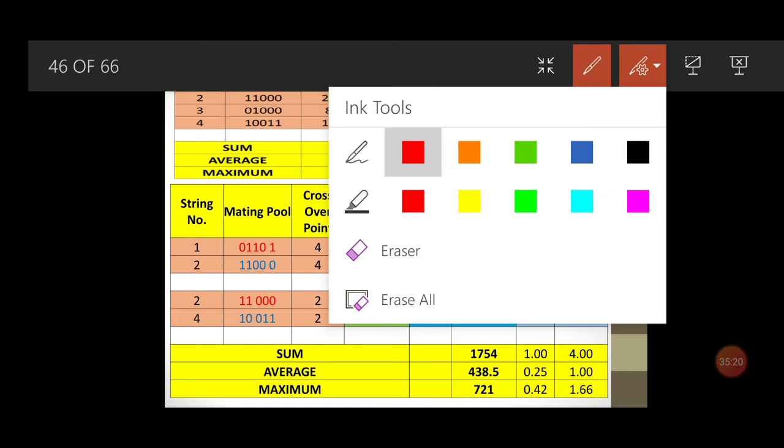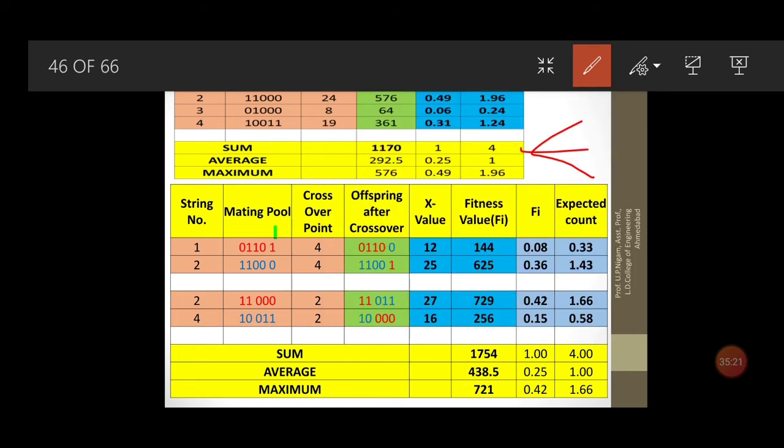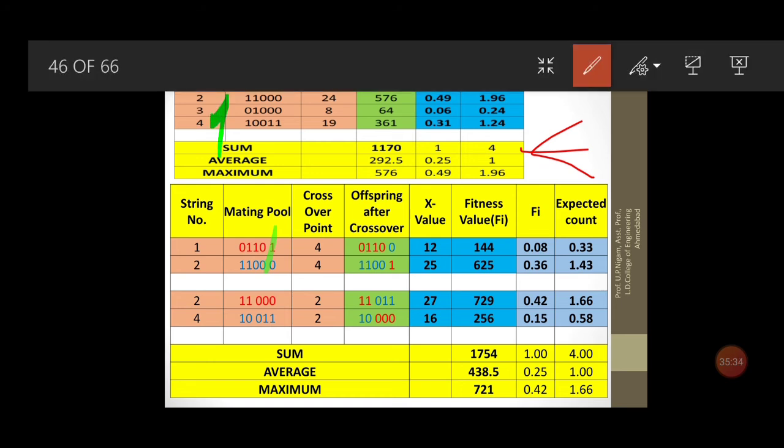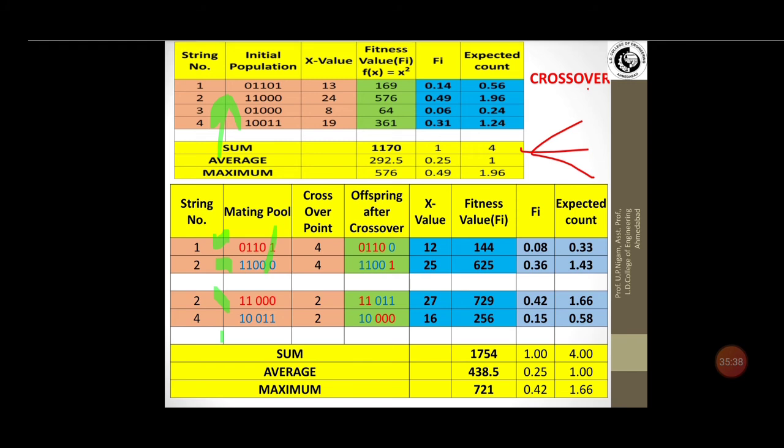Here you will see that after the 4th point the crossover happens. So 1 will be replaced by 0, and 0 will be replaced by 1. Here there are 4 strings: 1, 2, 3, 4. Here it is 1, 2, 2 and 4. We have discarded string number 3.